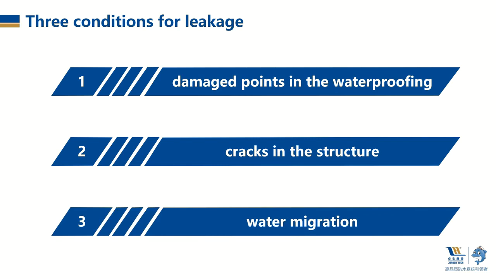In actual construction processes, we can't completely eliminate the damaged points and the structure cracks. If we can eliminate water migration, the leakage can be stopped. So we created a new kind of waterproofing concept, the skin type waterproofing concept.